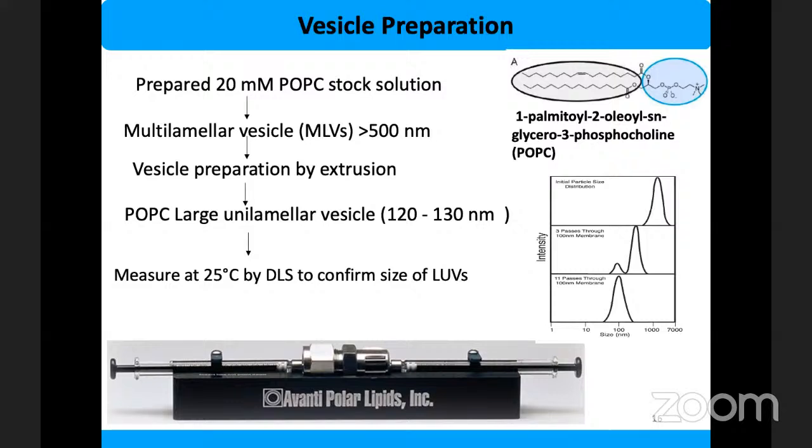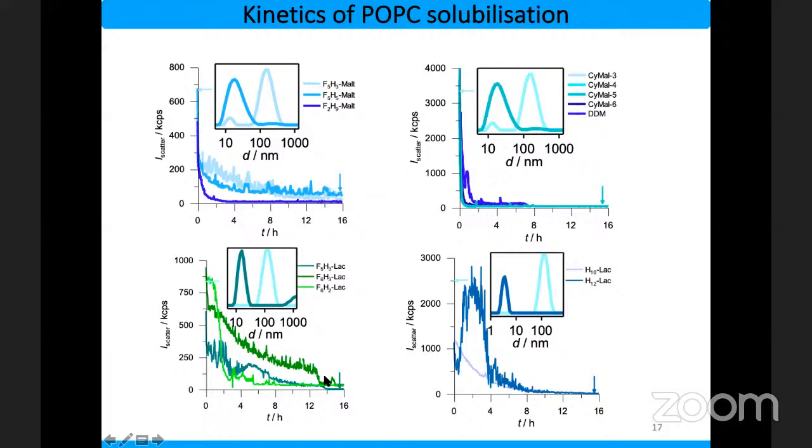So the lipid that we use is POPC, and we extruded it from the multilamellar vesicle to get a size of about 100 to 120 nanometers, giving us large unilamellar vesicles. That is the range of size that we want to work with. And at that, we introduce the surfactants to the POPC vesicle that is formed.